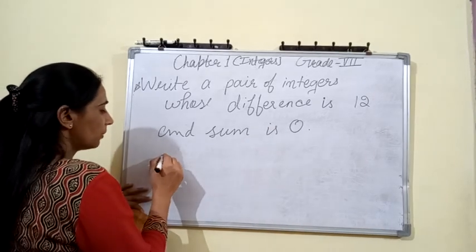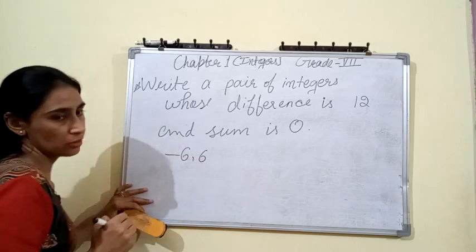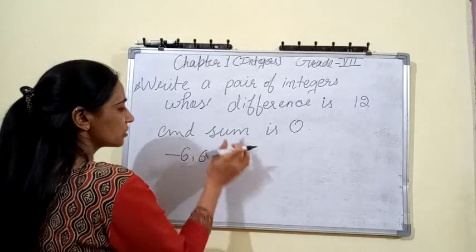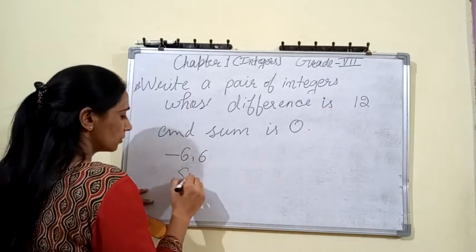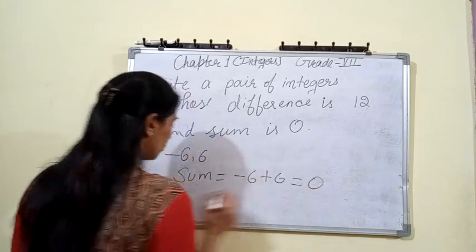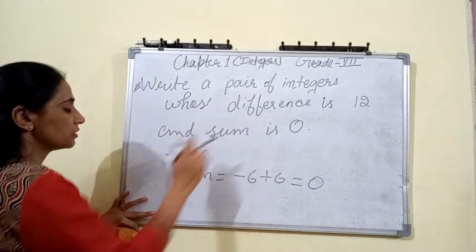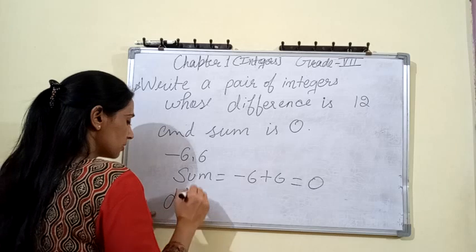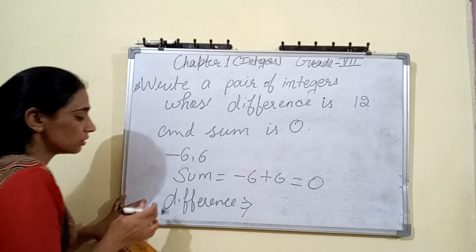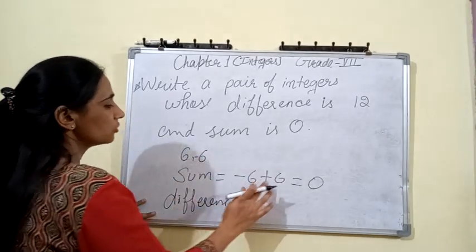Sum is 0. If I'm having say -6 and 6, what I'll get here, if I add them, -6 plus 6, that will be 0. And I need the difference, so take this negative and this positive.